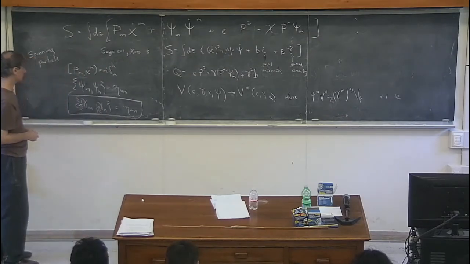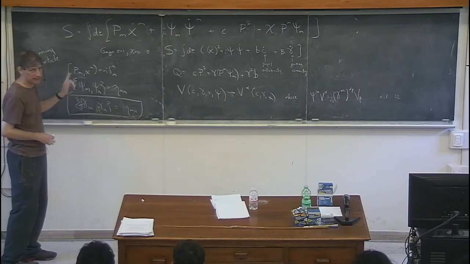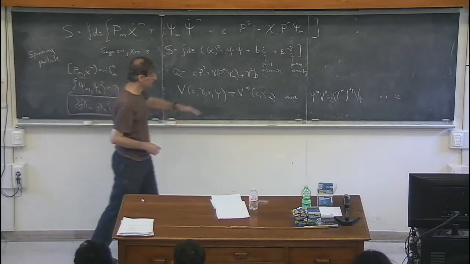Of course, there are non-covariant ways by treating half of them to be creation and half to be annihilation. And what you'll get is a state.